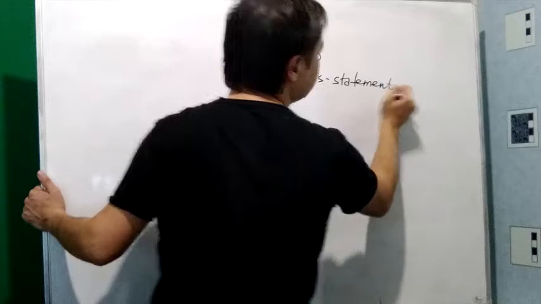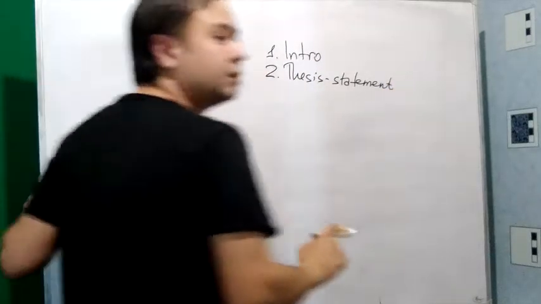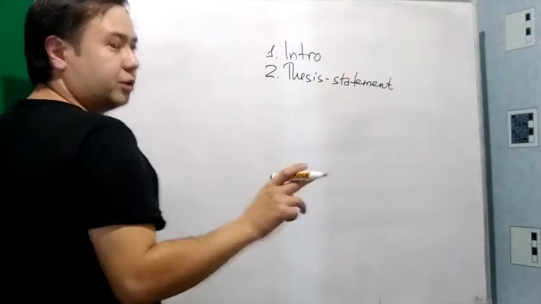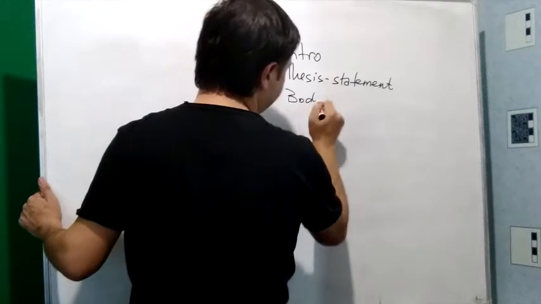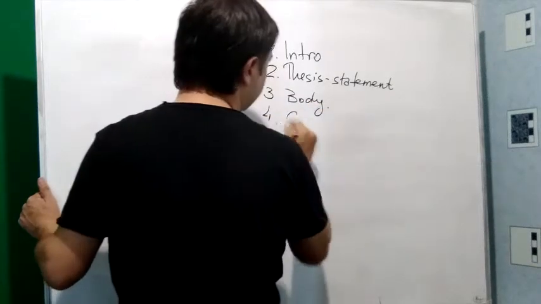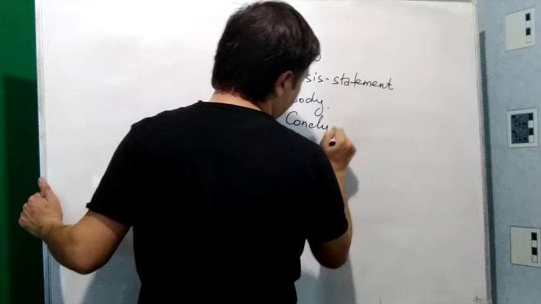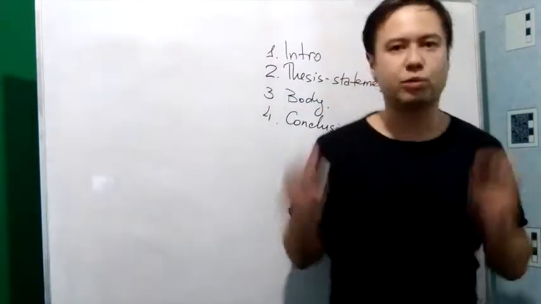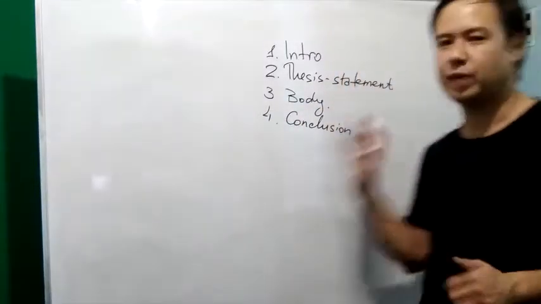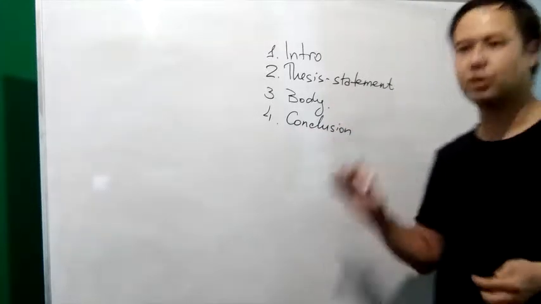Do you know what this is? Thesis statement? No. Okay. Third, body. Fourth, conclusion. These are the basic four ingredients to write a very good IELTS writing task 2 essay.